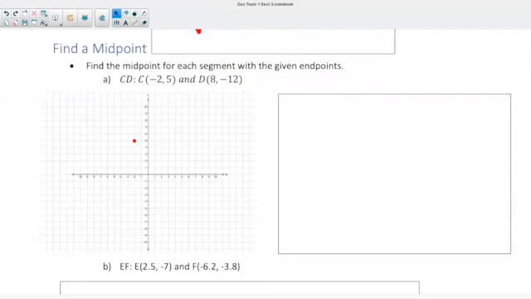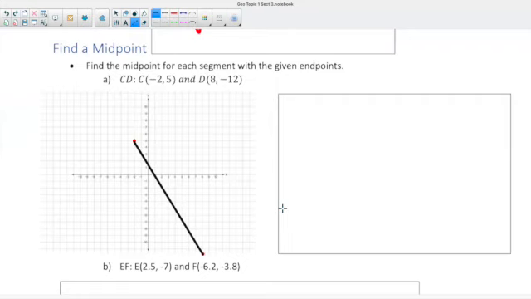So we're going to go right 8 and we're going to go down 12. So that is going to be a segment. So I'm going to draw a line between those 2 points. And we want to find the middle of that line.